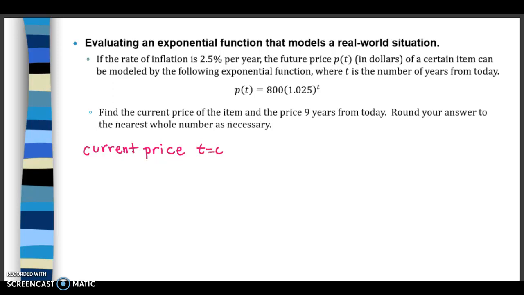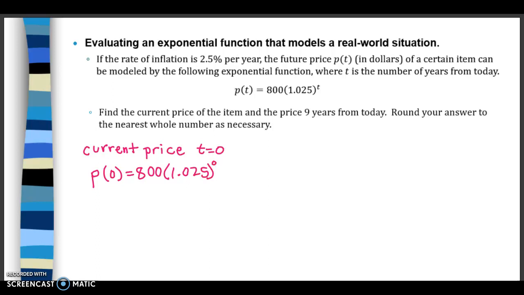So current price is when t equals 0. So the function p evaluated at t is going to be 800 times 1.025 to the 0 power.